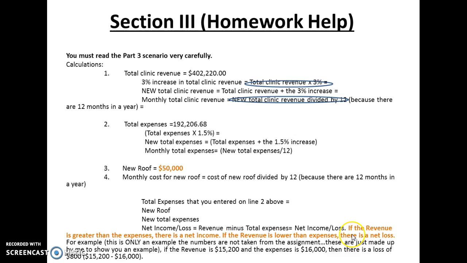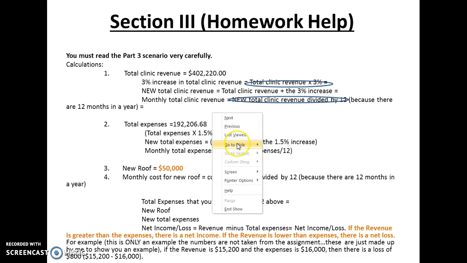Just remember, if the revenue is greater than the expenses, there's a net income. If the revenue is lower than the expenses, there's a net loss. So I've given you an example here in the instructions, whereas if you had, for instance, revenue of $15,200 and expenses of $16,000, then there's a loss of $8,000.